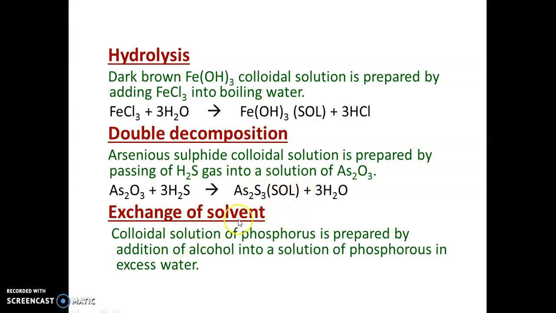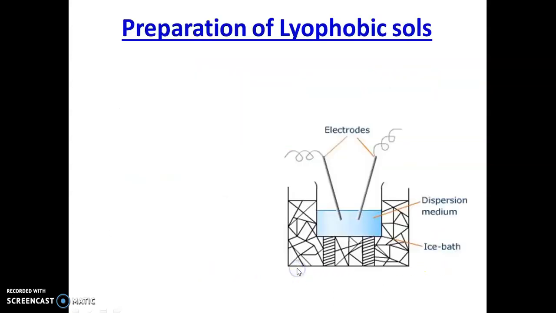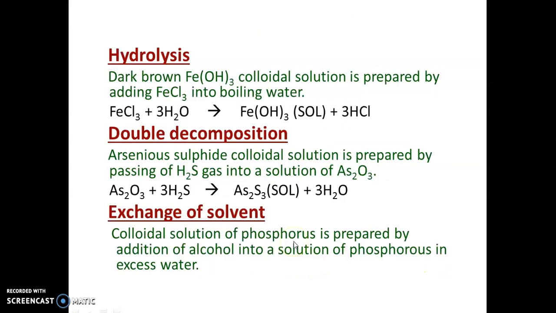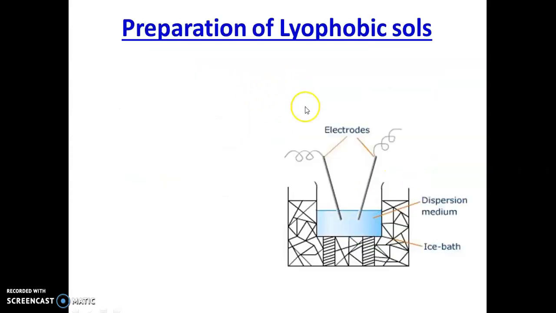Next is the exchange of solvent. जनरली फॉस्फोरस का कोलाइडल हम इससे प्रिपेयर करते हैं. इसमें हम फॉस्फोरस में अल्कोहल ऐड कर देंगे. अल्कोहल ऐड करने के बाद जो कोलाइडल सॉल्यूशन प्रिपेयर होगा that is colloidal solution of phosphorus.